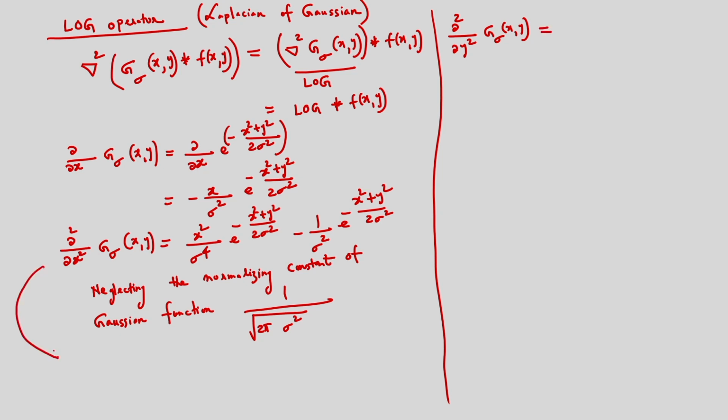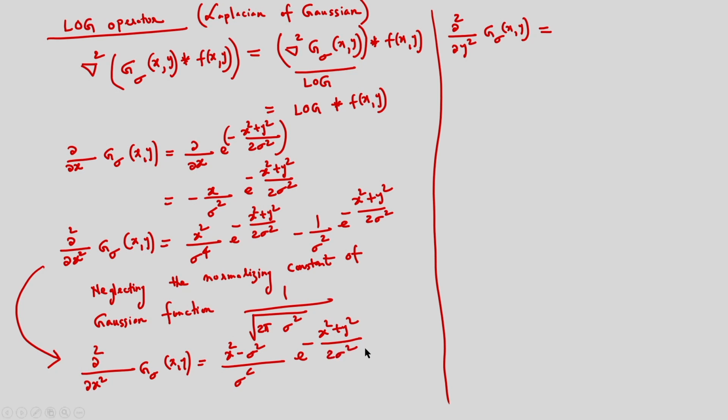If I neglect the normalizing constant, this derivative with respect to x will be x square minus sigma square over sigma to the power 4 e to the power minus x square plus y square over 2 sigma square.